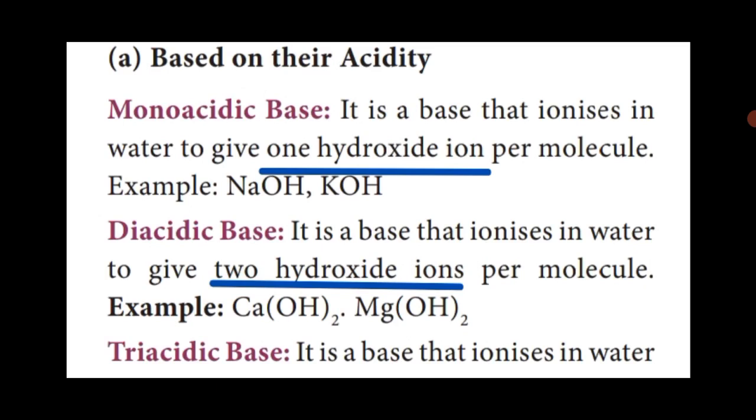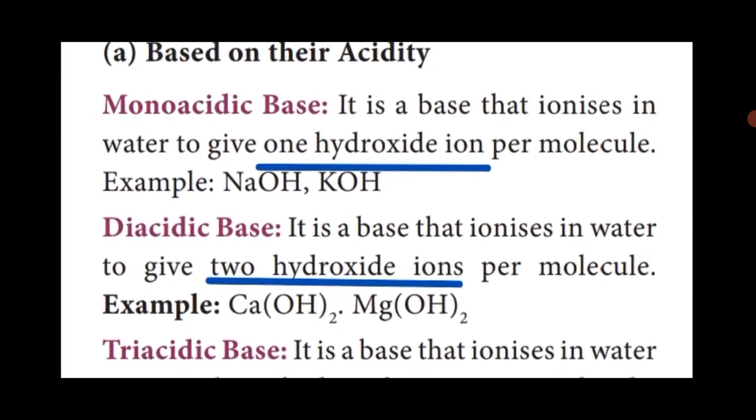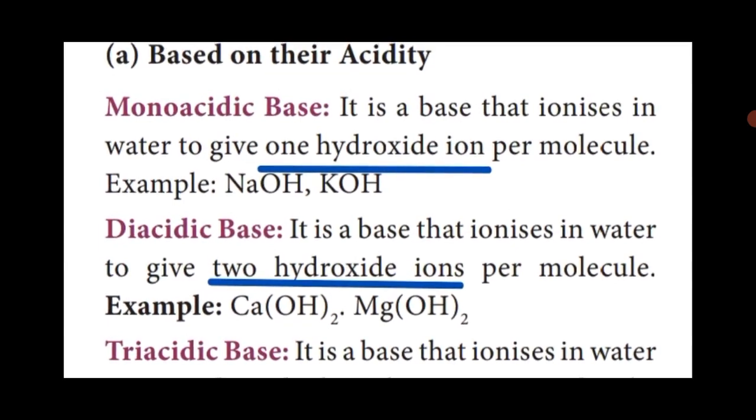Another example, magnesium hydroxide, formula Mg(OH)2. Each substance contains how many OH groups? Two OH groups. So when dissolved in water, two hydroxyl ions are released. So it is called a diacidic base.